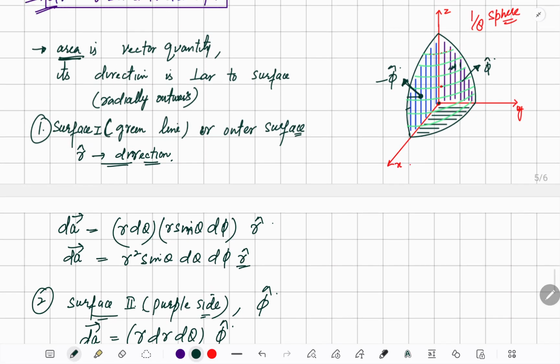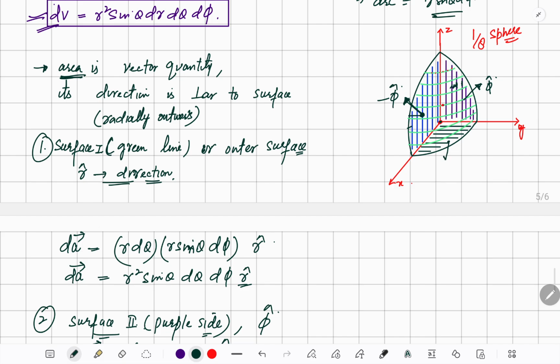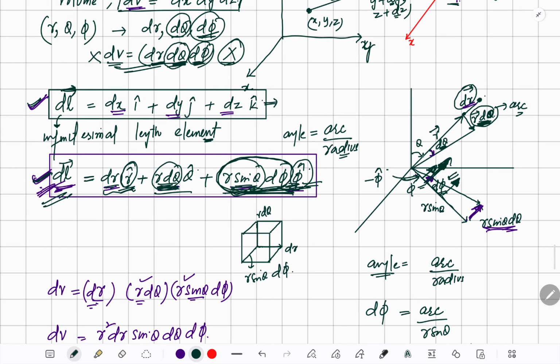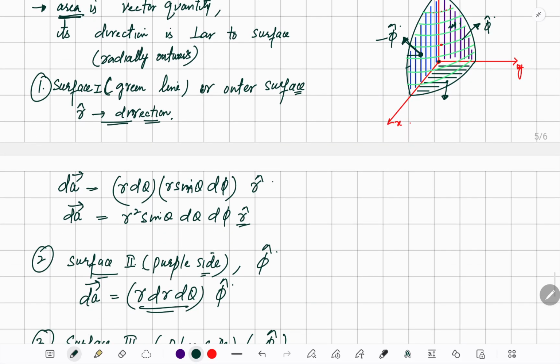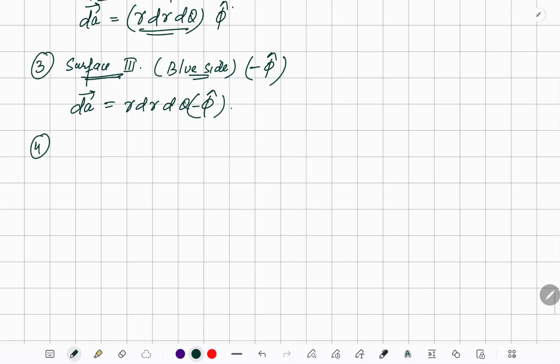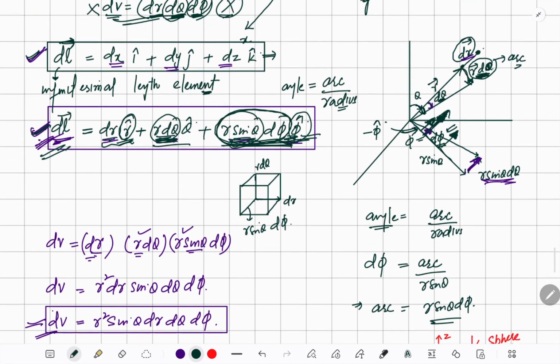Fourth. Now the remaining side is having the downwards direction, and I told you this is the theta direction. Theta is increasing in that way, going like this. So it is having the theta cap direction. Now what would be the area of that? That will be decided by the remaining two parts.